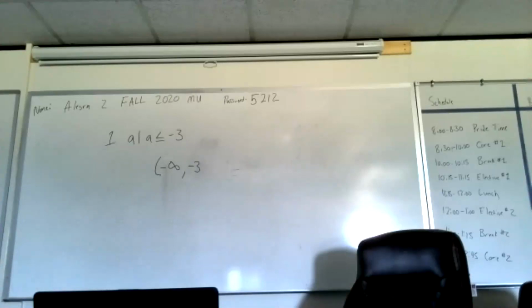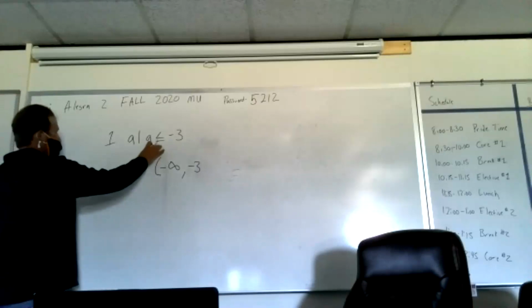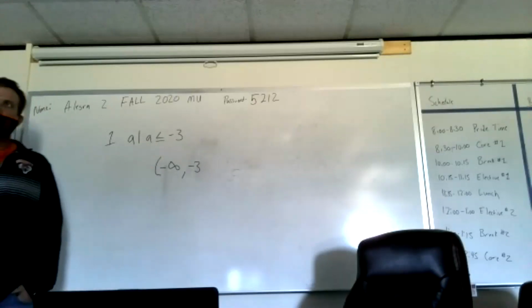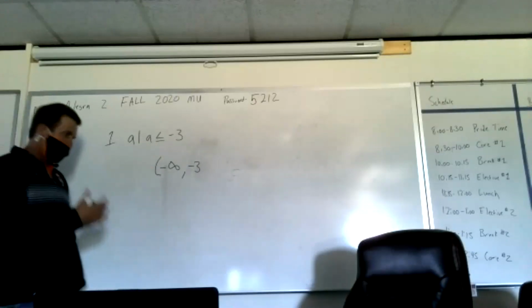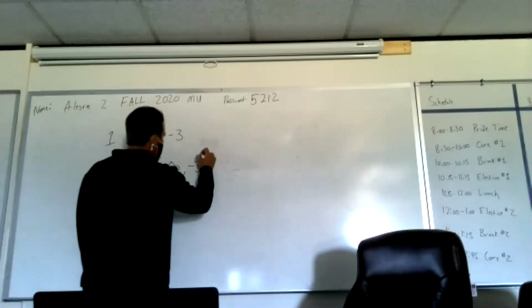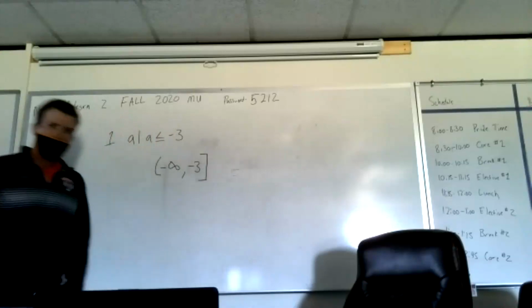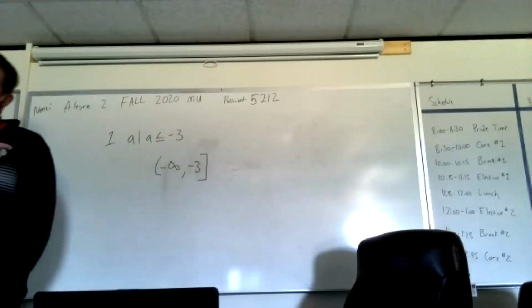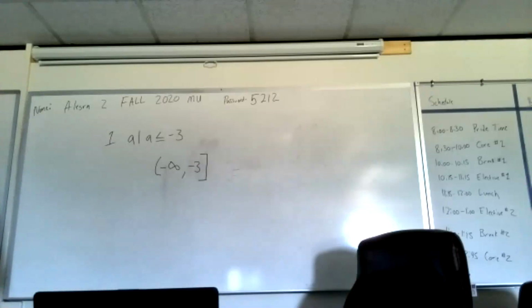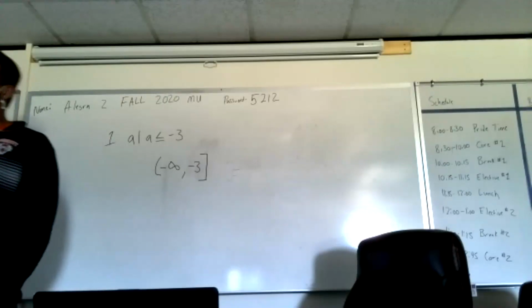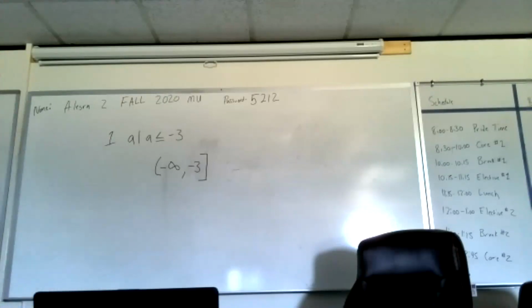That's where you have to pay attention to your inequality sign. This one is less than or equal to. Since it's less than or equal to, -3 is a part of the set, and we would put a bracket next to -3. That's all it is. That's expressing that inequality in interval notation, which is what we're looking for.